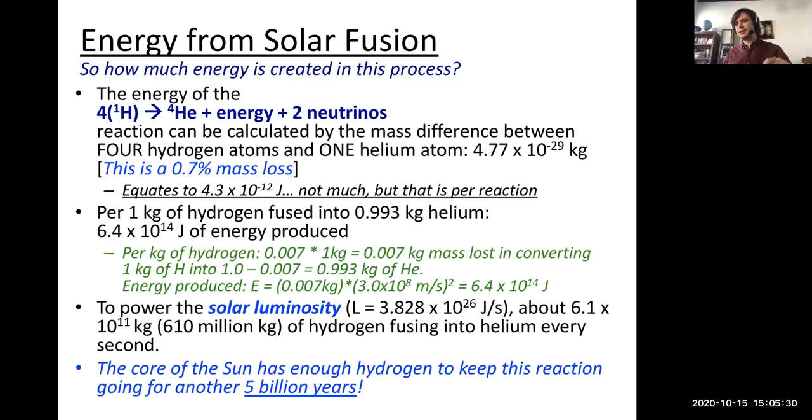And that's going to be a subject for a little bit down the road whenever we talk about the death of stars. We have another 5 billion years where the sun can happily maintain its solar luminosity via the proton-proton chain by fusing hydrogen into helium in its core.